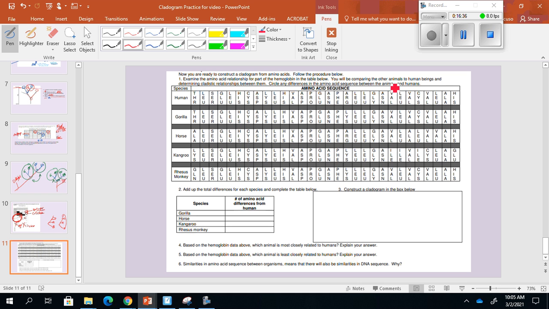You will be comparing the other animals to the humans and determining cladistic relationships based on this. So circle any differences in the amino acids from the human to the other species. So THR, oh, there's a difference, there's a difference, and there's a difference. Okay, so that's what I want to circle.